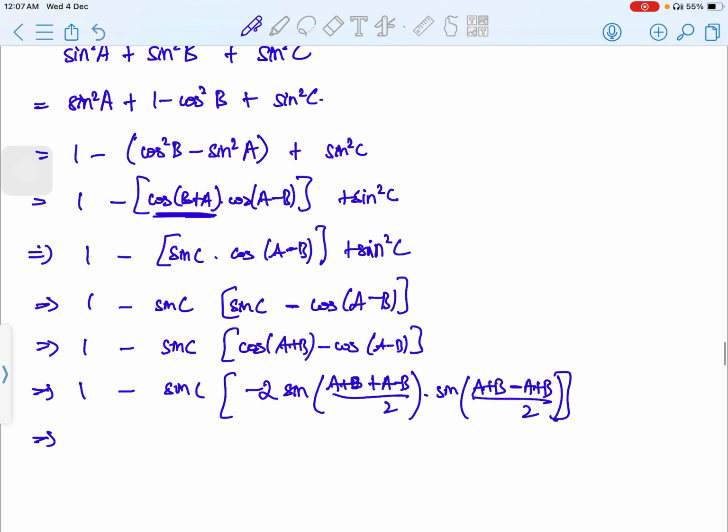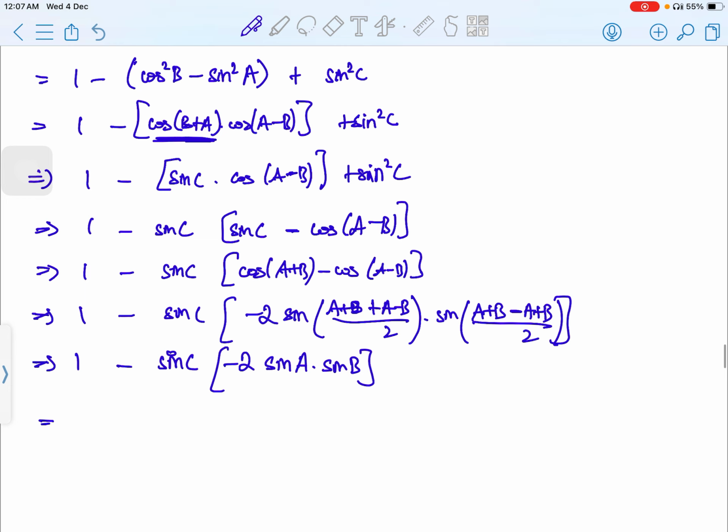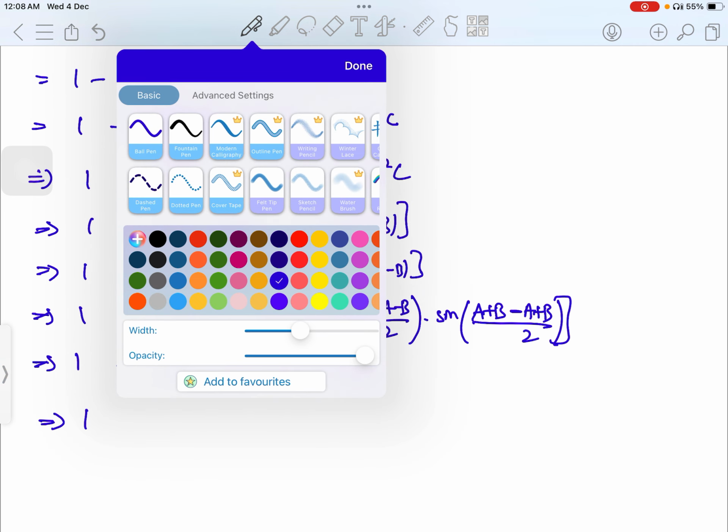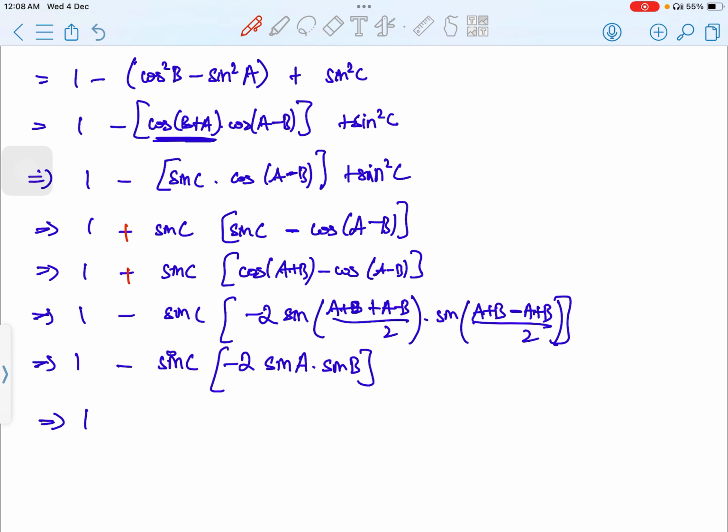So you will have 1 minus sin C into minus 2 times sin A sin B. So overall it will come to 1 minus 2 sin A sin B sin C, that's all.